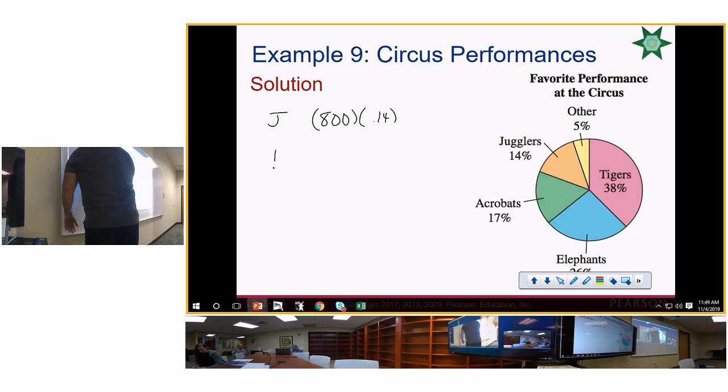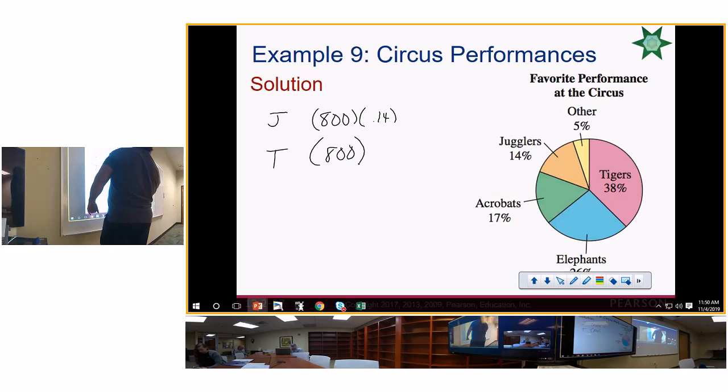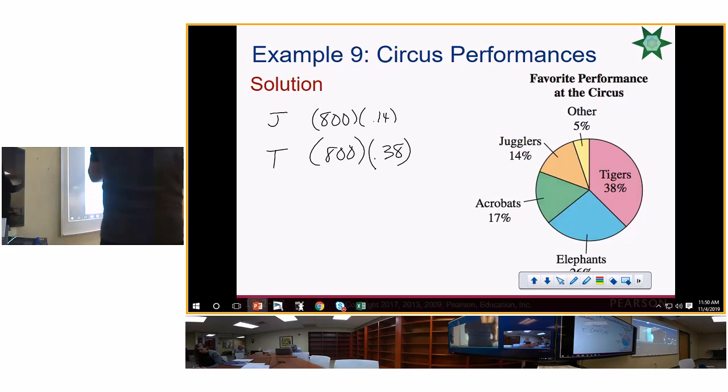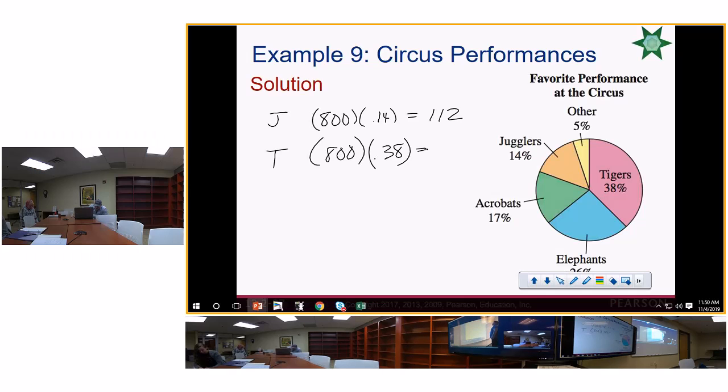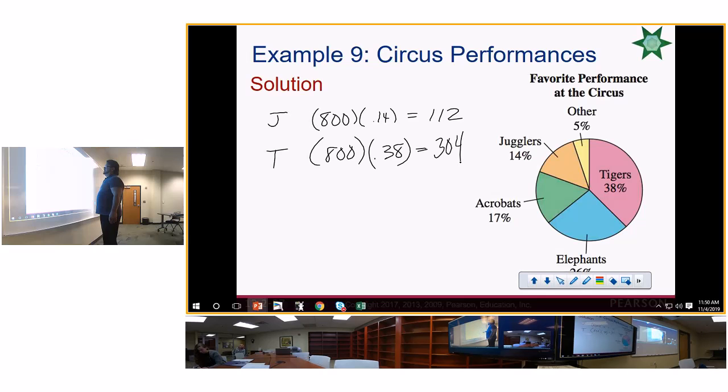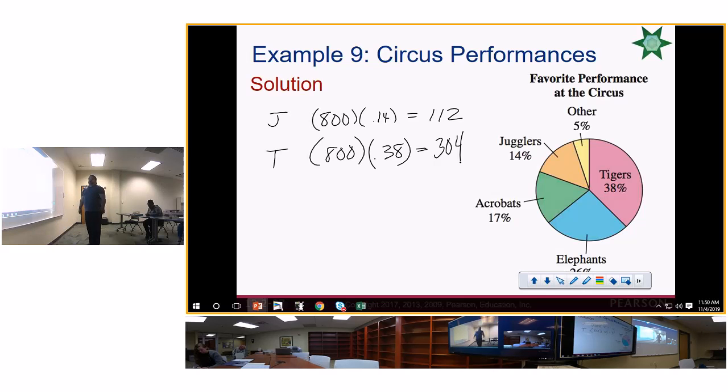I'm not doing all of them. Tigers would be 800 times what? 0.38. So somebody give me the jugglers. How much would that be? 112. And how many would be tigers? 304. And you should be able to do all that.